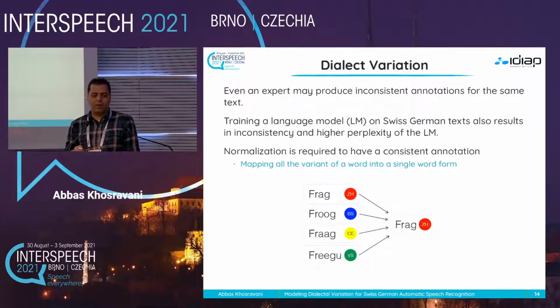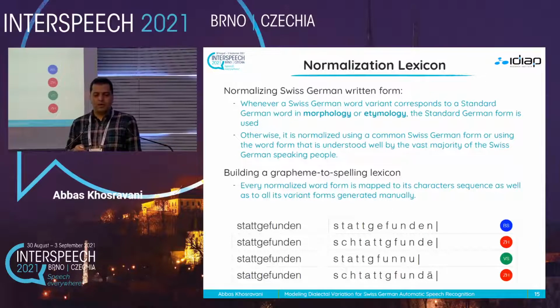So we map all the variants of a word into a single word form. For this word form, first we check the standard German form, and if they are the same in morphology and etymology, then we pick that as the normalized form. Otherwise, we use the most common one, or the one that is more acceptable to the majority of Swiss people.